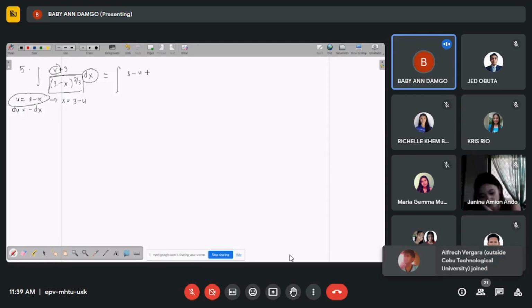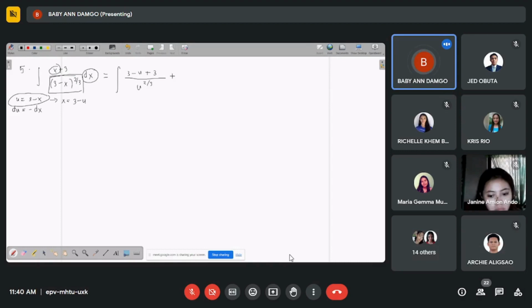So our x here is 3 minus u plus 3, all over, and 3 minus x is u to the power of 2 over 3. And then our dx here is negative du. Okay?